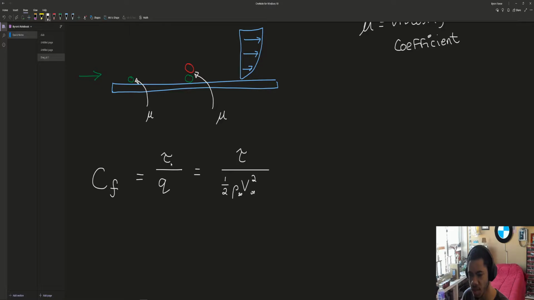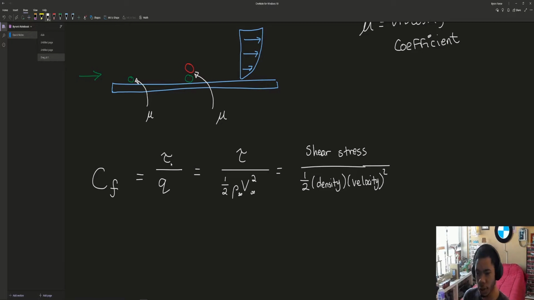We'll write our infinity signs here so we know it's the free flow condition. This is the shear stress over 1/2 times density times velocity squared at free flow conditions.